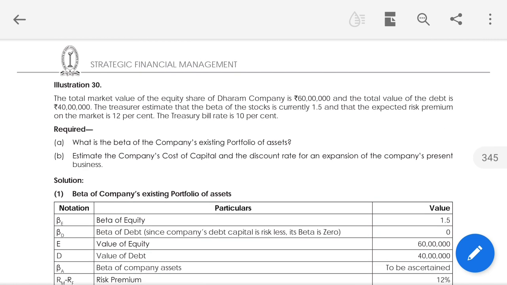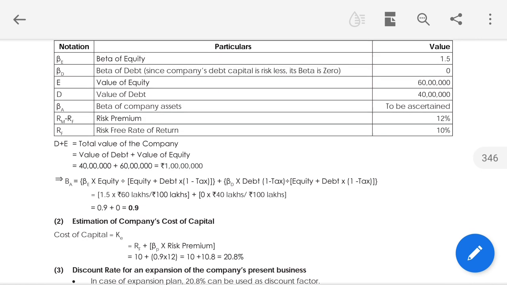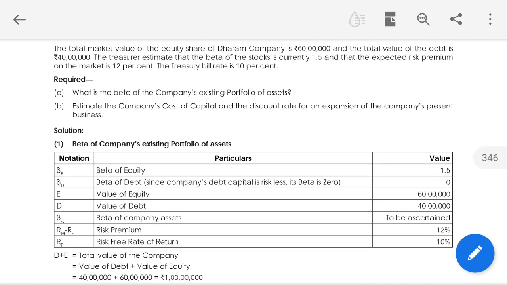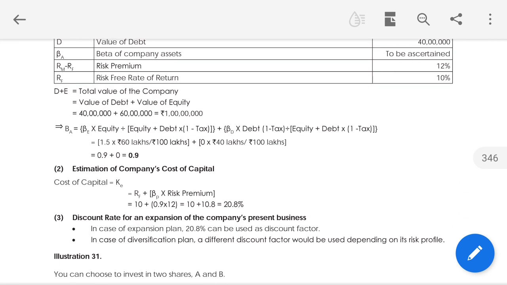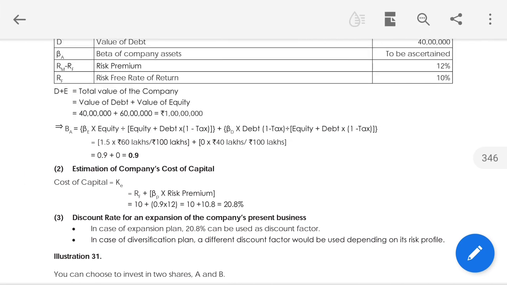And secondly, according to the question, we need to estimate the company's cost of capital, and then a discount rate for expansion of the company's present business. Okay, so cost of capital can be indicated with KE. We can refer to this in CMA Intermediate FM.